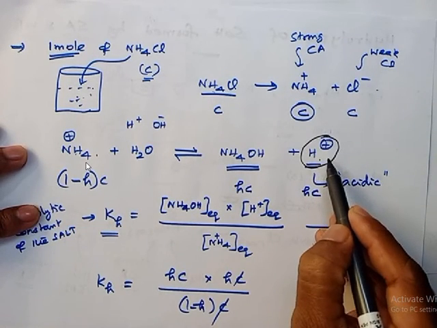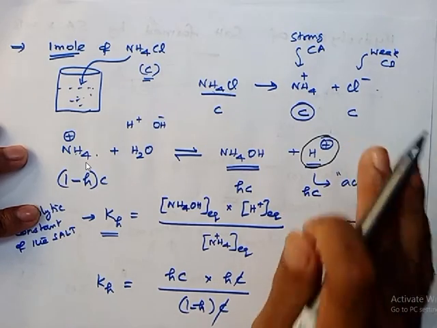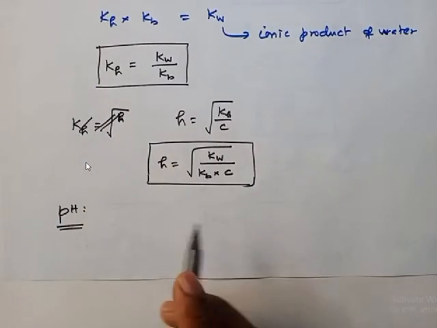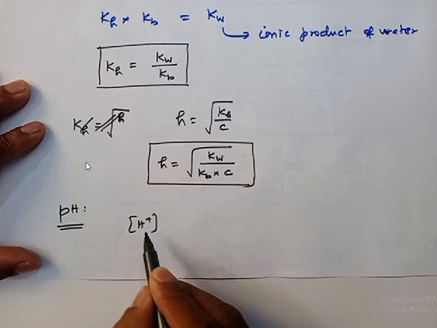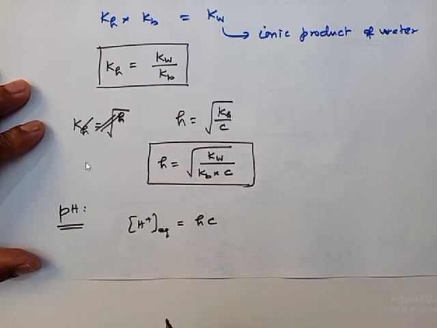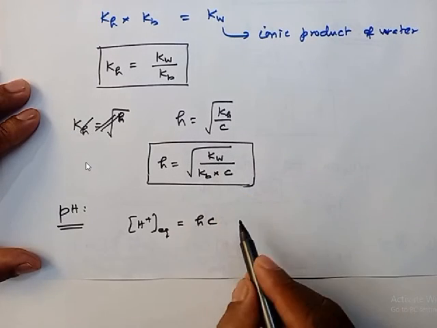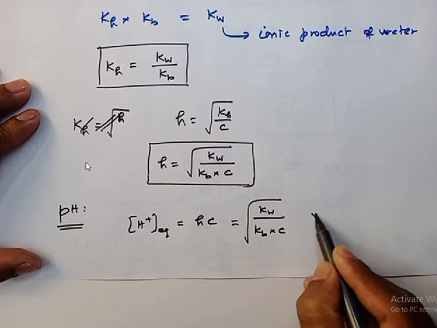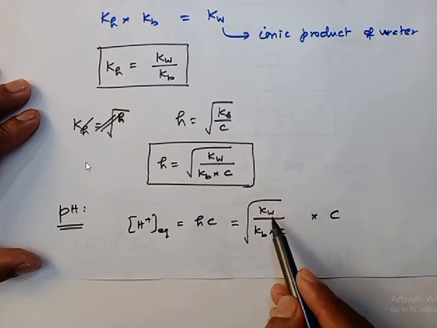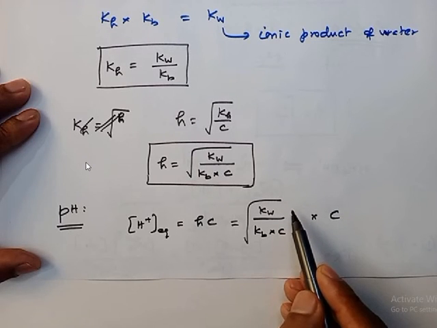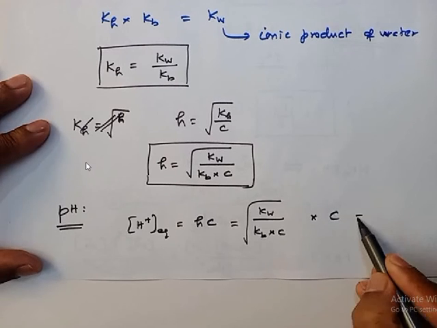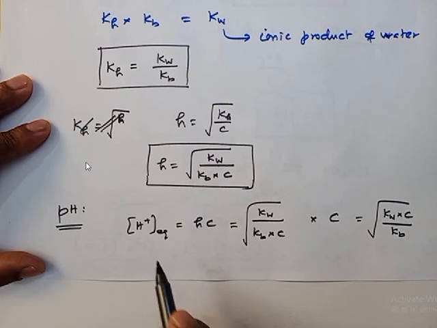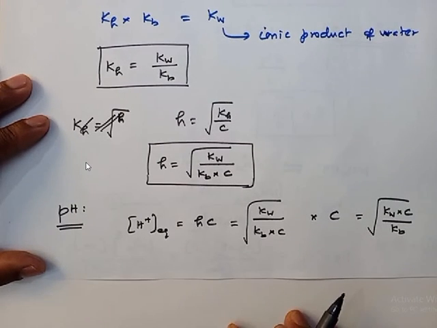This H plus ion concentration is responsible for pH, and the H plus ion concentration at equilibrium is equal to h into C. We know very well h is equal to square root of KW by KB into C. If I bring the C inside the square root, you will get C square. C square by C, if you cancel, you will get root of KW into C by KB. So this is the concentration of H plus ion at equilibrium.